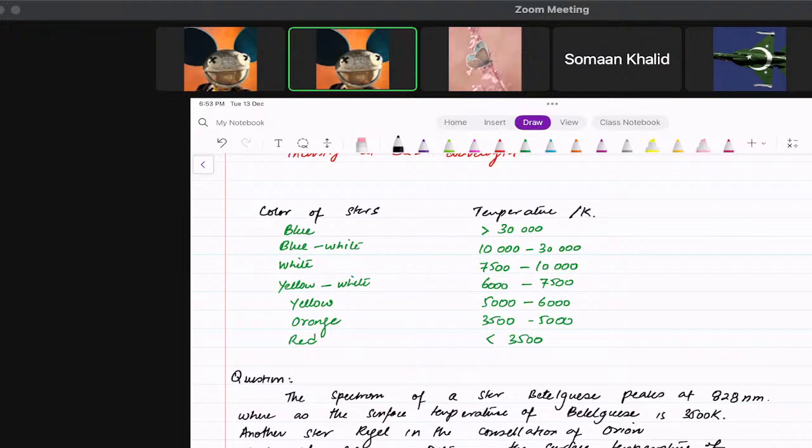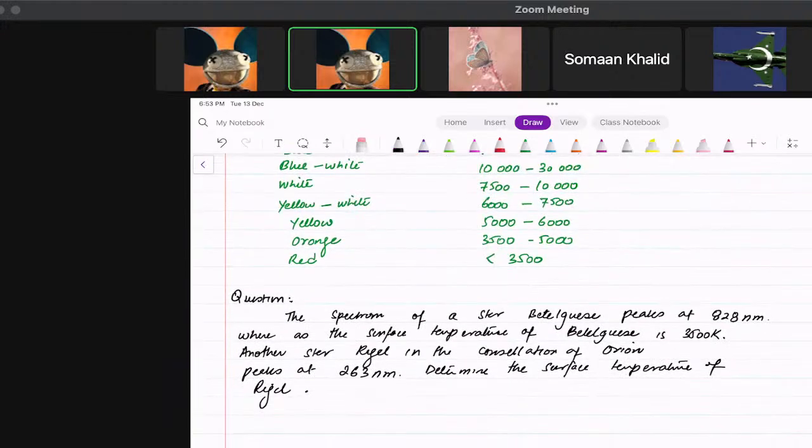So 11,000 Kelvin. Yes, that's correct. So technically all you need to do is you just need to make lambda max 1 T1 equal to lambda max 2 T2, and then one of them was 828.